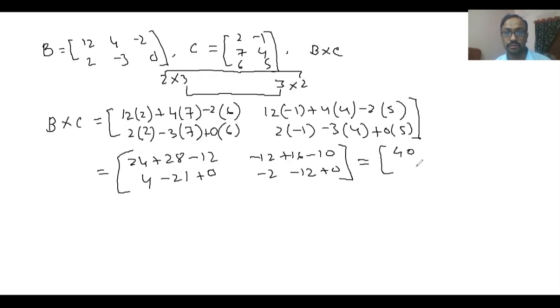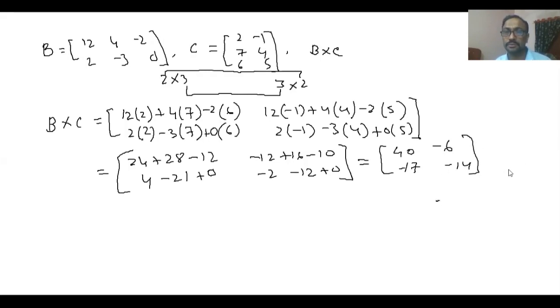So it will be 4 minus 21 is minus 17. And this one is 12 plus 16 minus 10 is minus 6. And this one is minus 2, and minus 12 is minus 14.